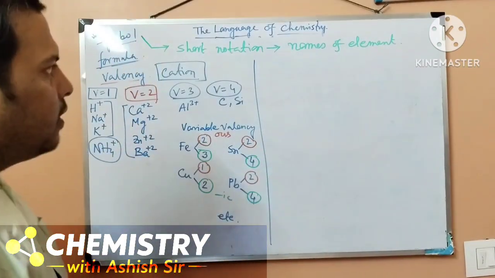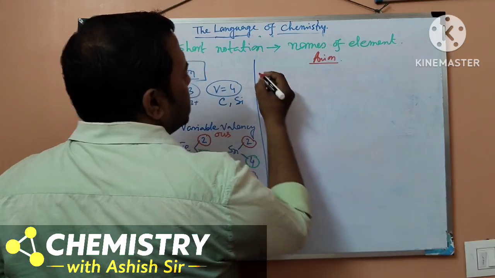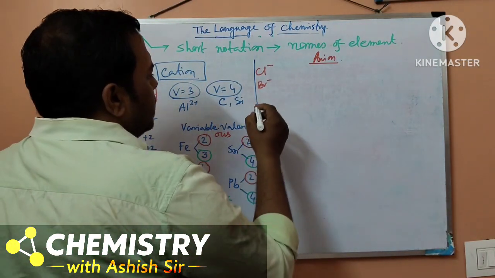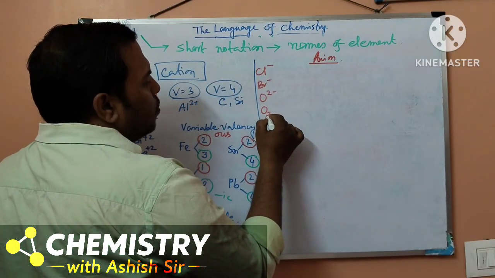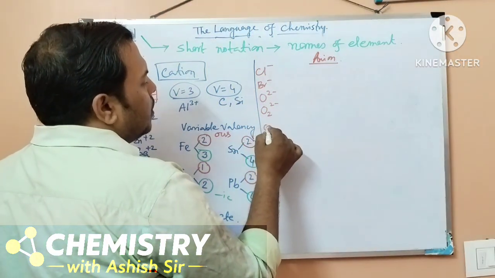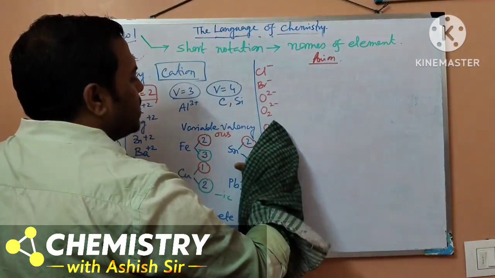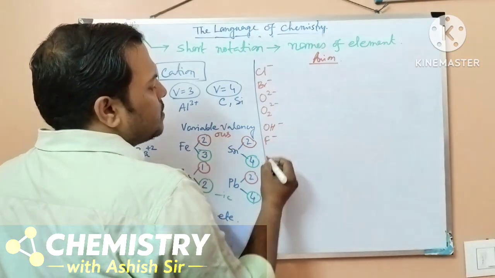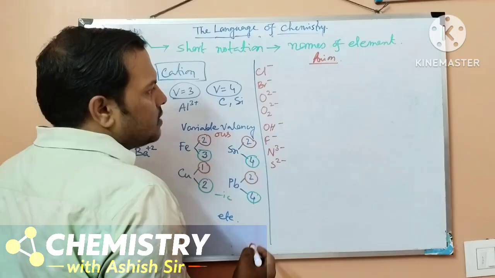Now remember for the anions, the chart of the anions is also very important. Like this you remember chloride, bromide, oxide, O2 2 minus is peroxide, then OH minus is hydroxide, F minus is fluoride, N3 minus nitride, S2 minus sulfide.